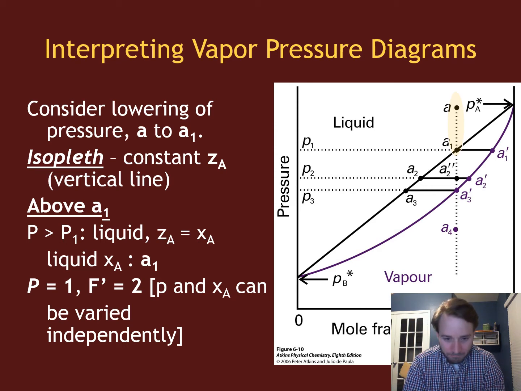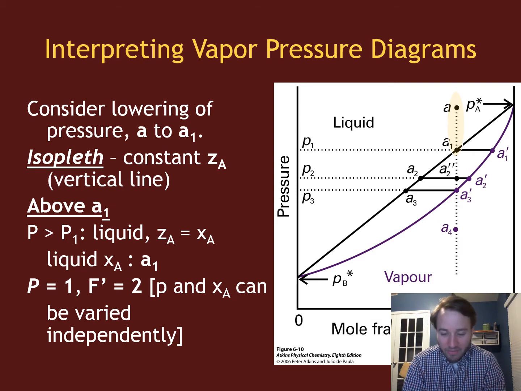If there's some amount of vapor, it's very minuscule. Every liquid has some vapor above it, but the total number of moles in the vapor phase compared to the liquid phase is minuscule, and so we consider the mole fraction to be just the mole fraction of the liquid phase.